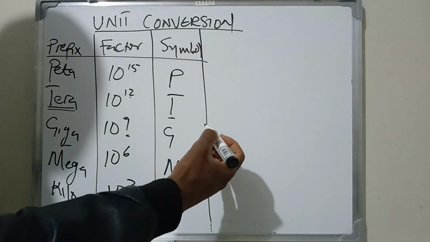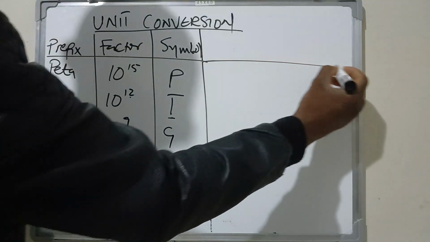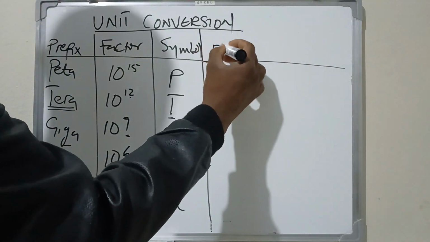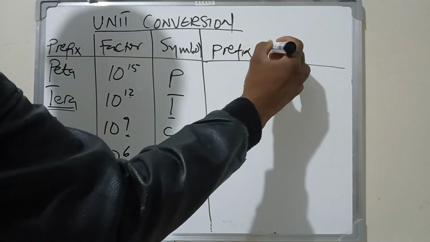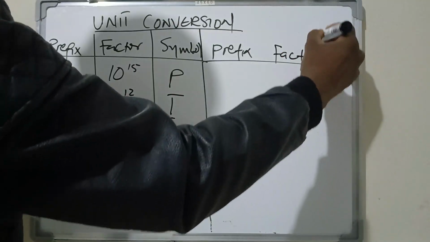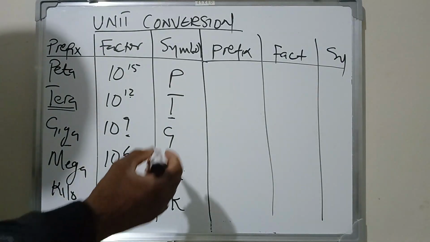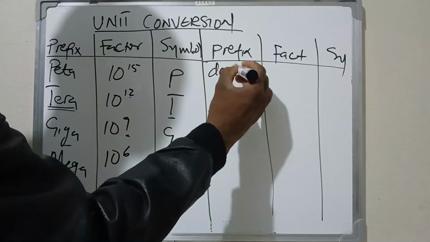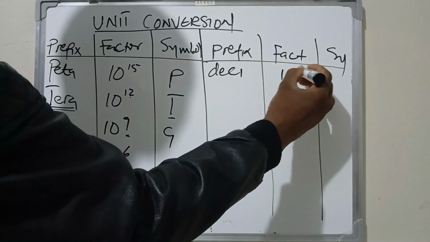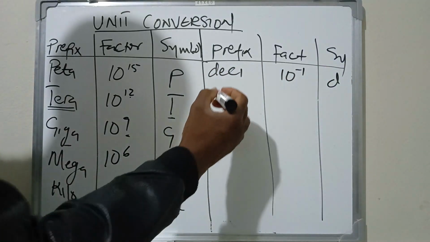Then let's have the prefix, the factor, and the symbol again. The table continues. We have deci, which is times 10 to the power negative 1, and the symbol is d.